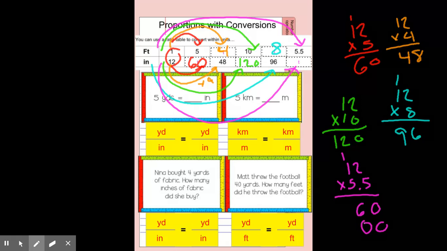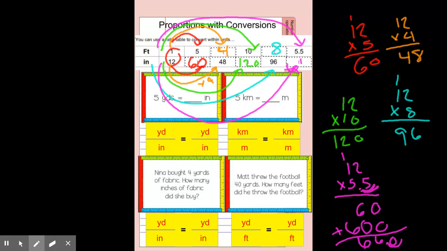And 5 times 1 is 5, plus 1 is 6 again. So we're going to add these together. So 0, 6, 6, and we're going to move over 1 decimal place because that's what we have up here. So our answer is going to be 66 inches. All I did was fill out this whole part just like a ratio table like we have done in the past.